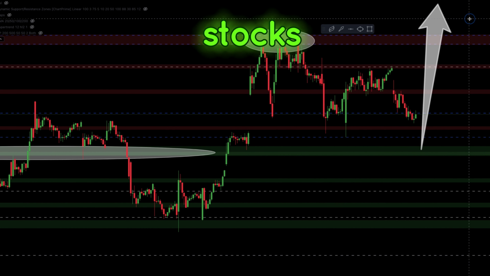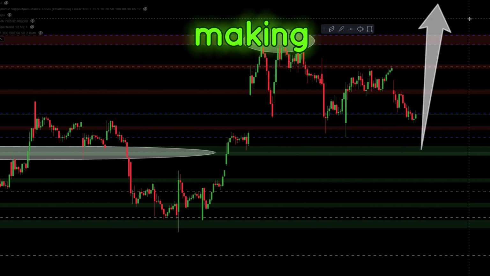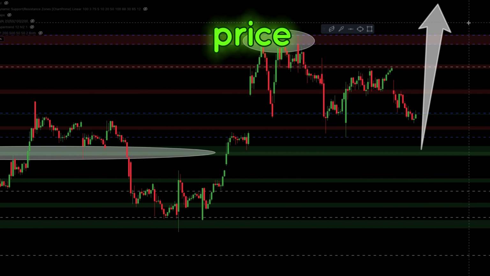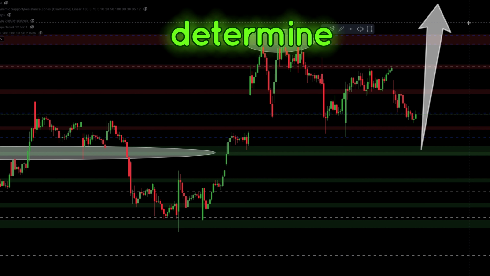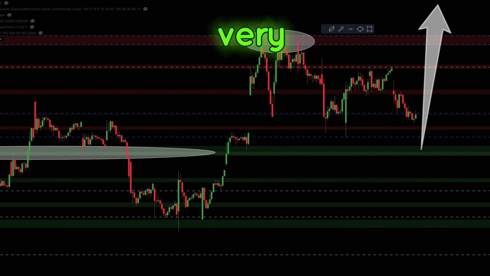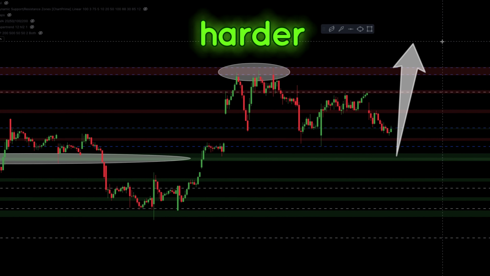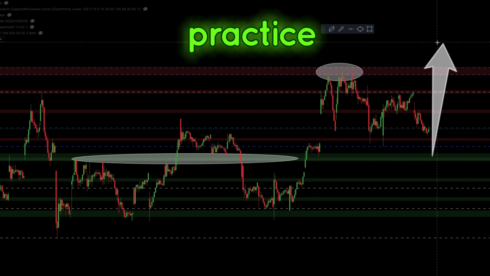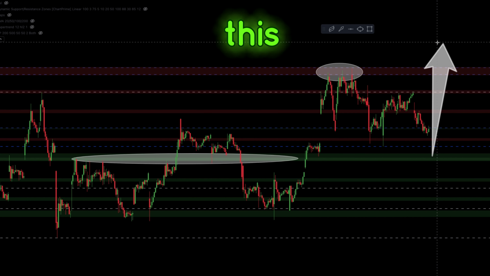Reading stocks and reading charts, making the charts is very easy, and then reading the price action to determine where this thing is going to find that liquidity. It's not very difficult, but it is obviously harder, and that just takes time with the charts. What I do is I just go through all of my tickers when I want to practice and just see, okay, where is this thing finding support?